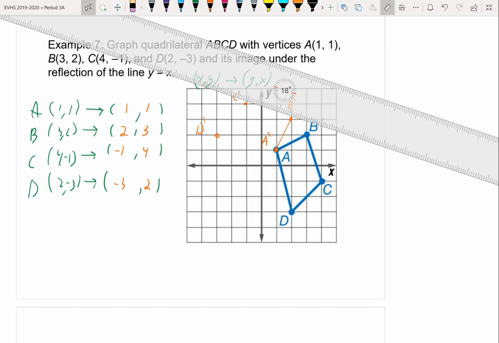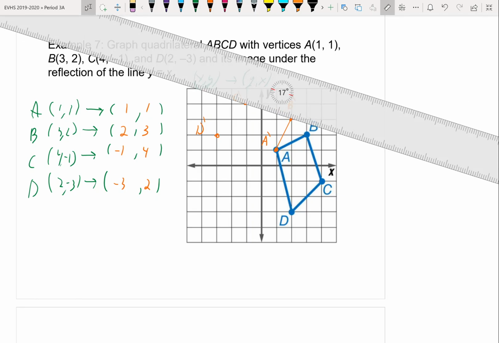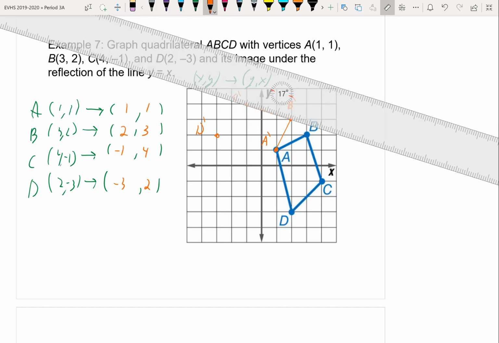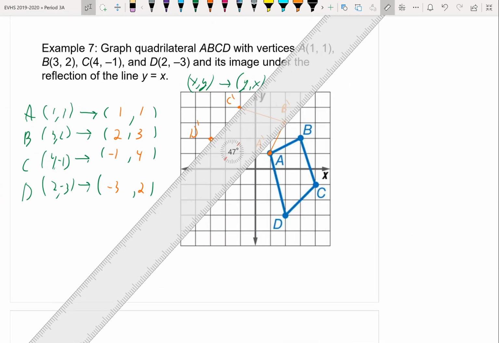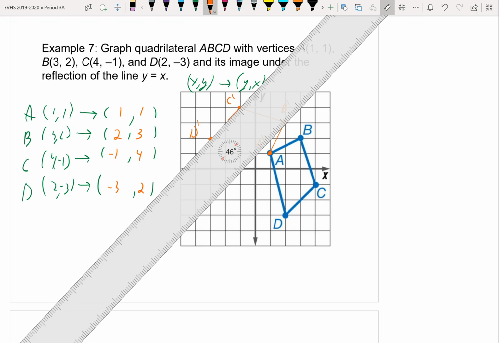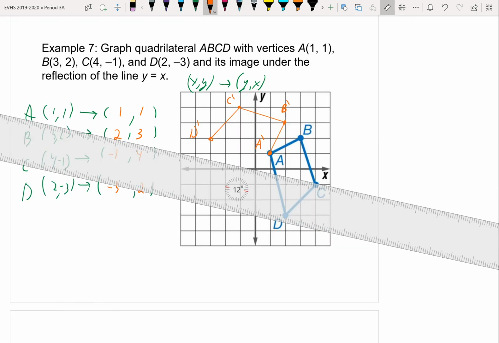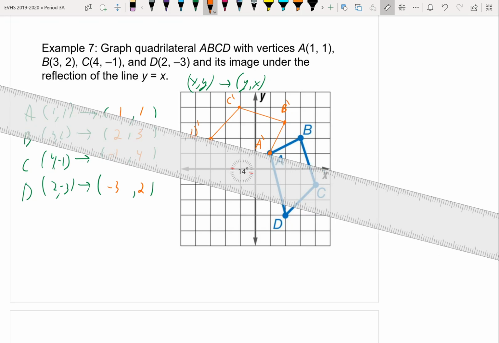Draw our line. Oops, I keep on grabbing the paper instead of the ruler. Draw the line there. And then draw the line there.